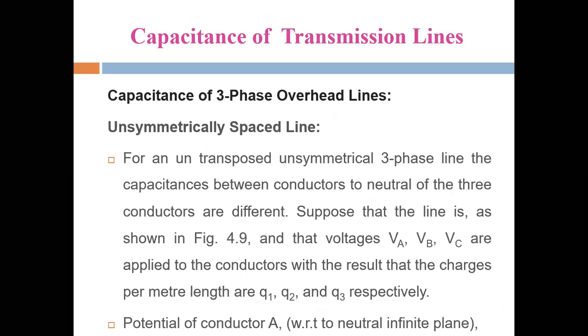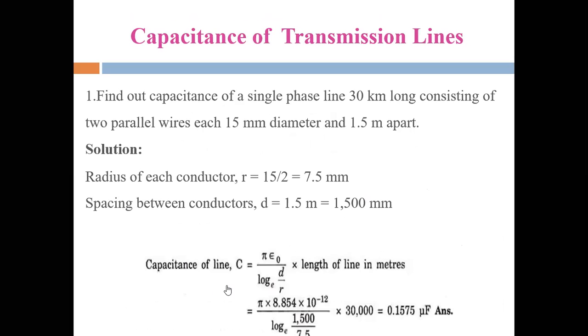By using these formulas, we derive the capacitance of the line. In the case of the three-phase system also, we only need to remember the formulas for the various conditions: the capacitance of a single-phase overhead line, the capacitance of a three-phase overhead line for unsymmetrical spacing, for symmetrical spacings, and for transposed conductors.